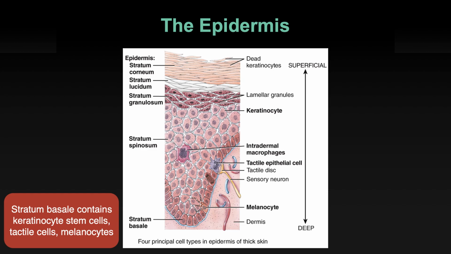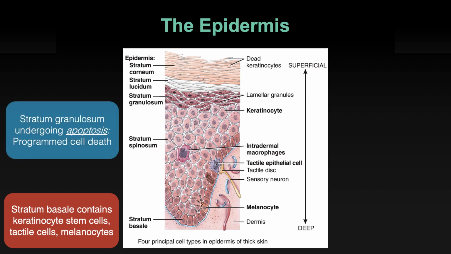Where I think it starts to get interesting, though, is in the next layer, the stratum granulosum. And the name gives a sense of what's going on here. Granulosum. We've heard that word or a similar word already today. Granule? Granulosum? The keratinocytes in the stratum granulosum are dying.